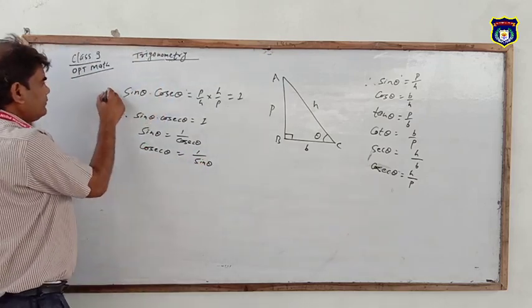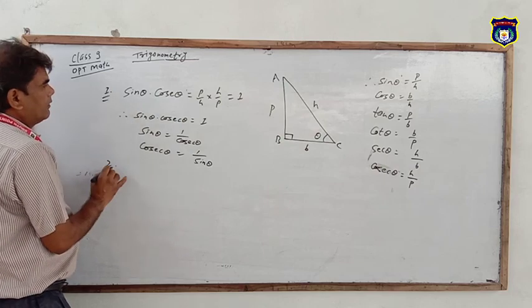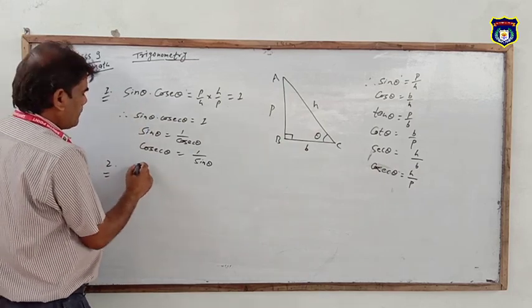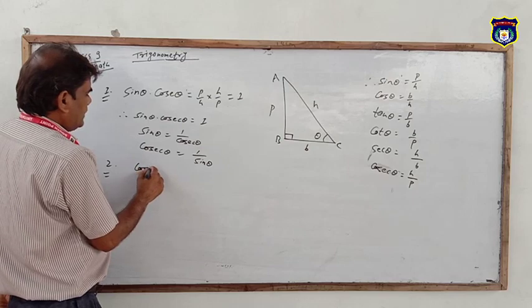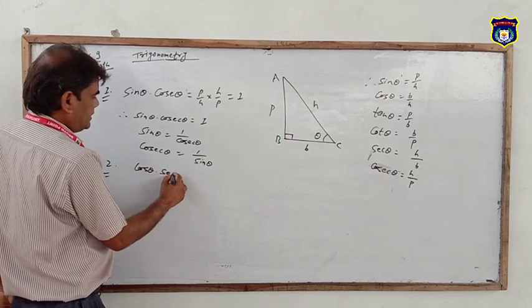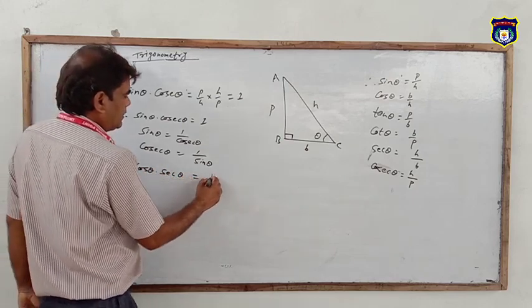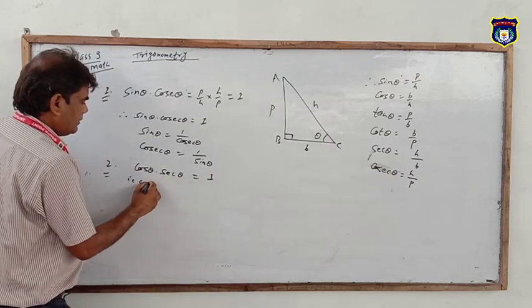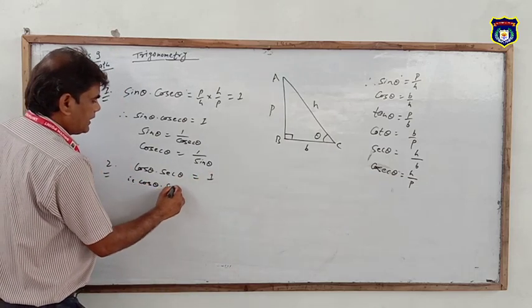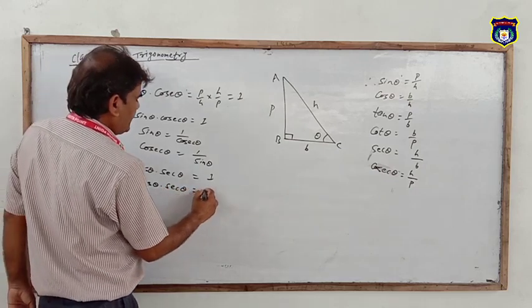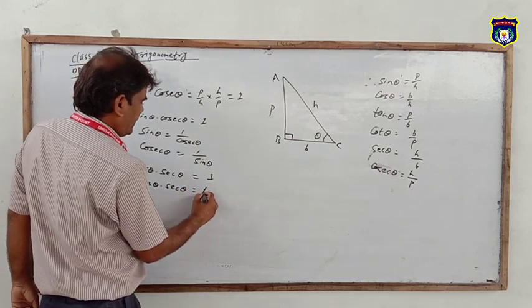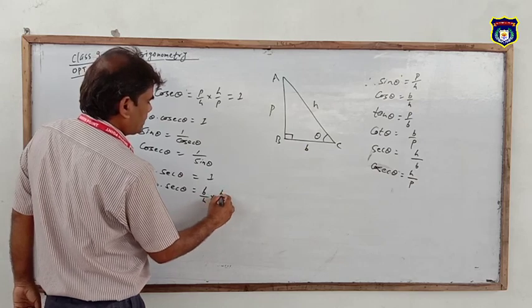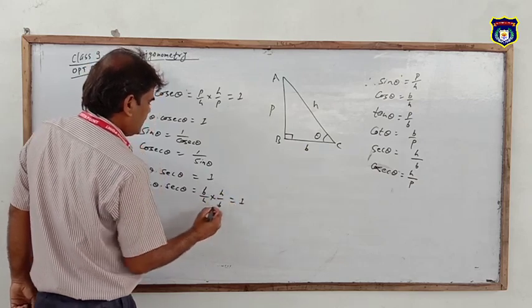Similarly, cos theta into sec theta is equal to 1, that is cos theta into sec theta is equal to B by H into H by B is equal to 1.